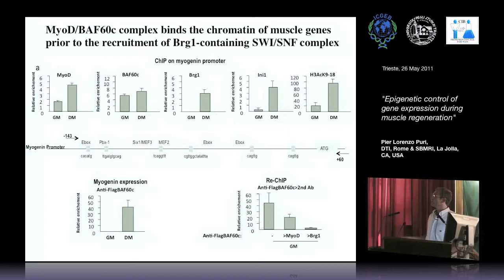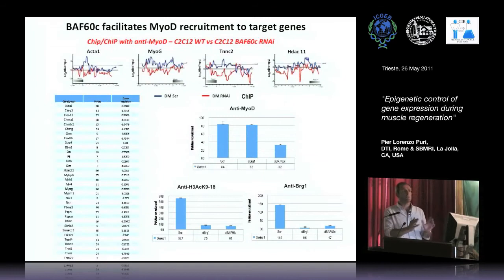And this was coincident with the relative hypoacetylated conformation of the promoter. However, during differentiation, the promoter was now occupied by MyoD, BAF60C, and the other components of the SWI/SNF complex, BRG1 and INI1, suggesting that there is a two-step recruitment in which BAF60C-MyoD interaction precedes the engagement of the other components of the SWI/SNF complex.